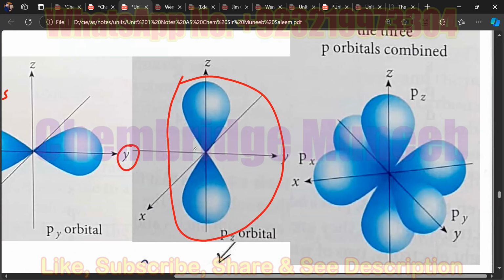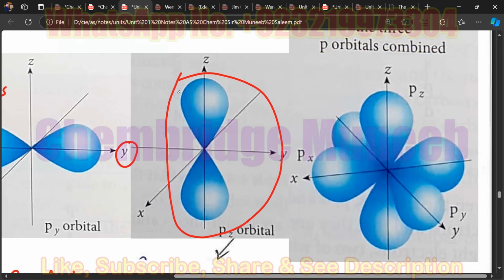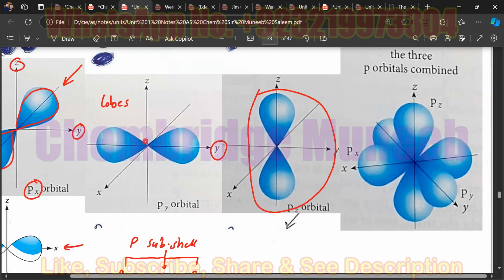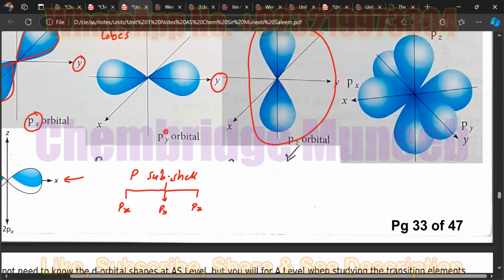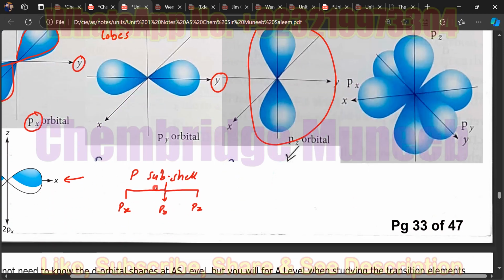And the pz is that orbital in which both the lobes lie exactly on the z-axis. So the orientation of the axis is upon your will, but once constructed you have to show their direction.